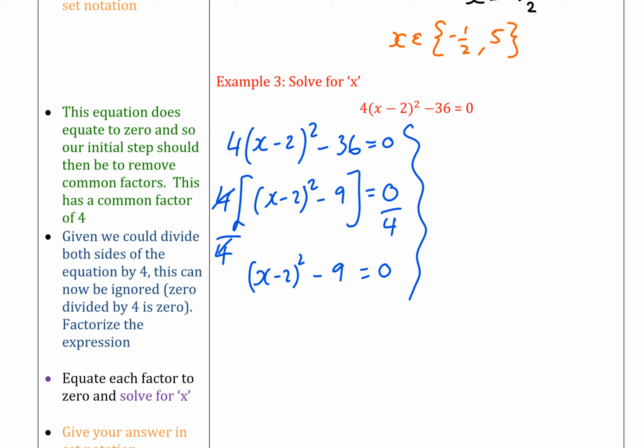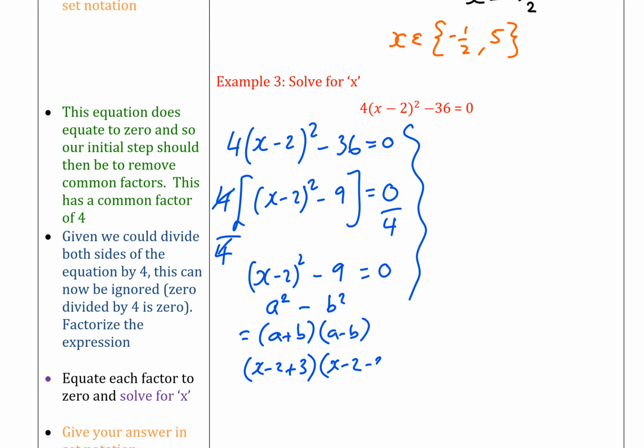Now at this point you may recognize a squared minus b squared. That is, a squared minus b squared is equal to a plus b, a minus b. So the square root of x minus 2 squared is x minus 2, and the square root of 9 is 3.